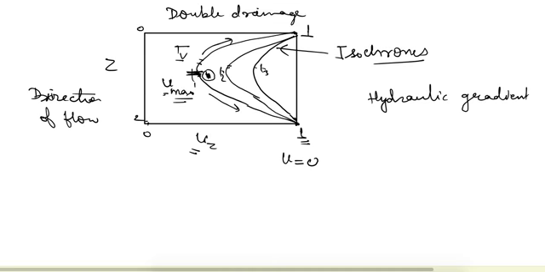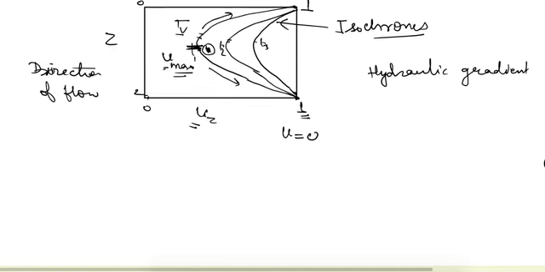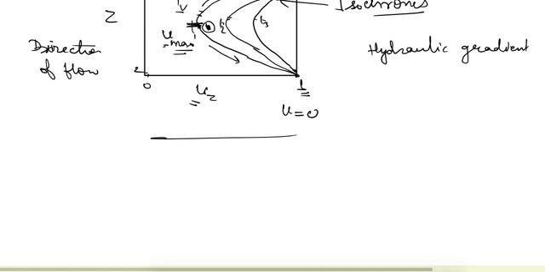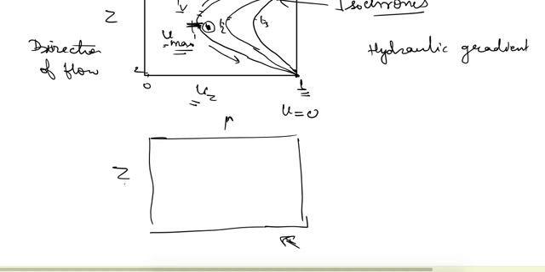And if we want to see the plot for single drainage, how will it look? In that case, from this surface the water will not drain out, and let's say from this surface it is draining. So this is again drainage path ratio and degree of consolidation. At this point degree of consolidation is 1.